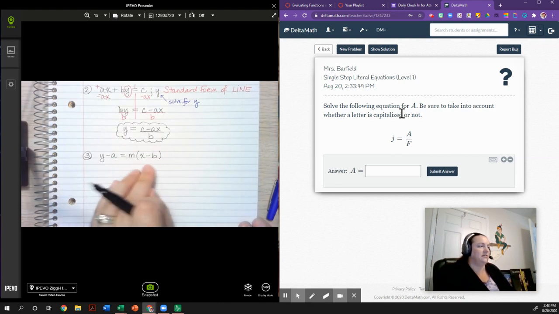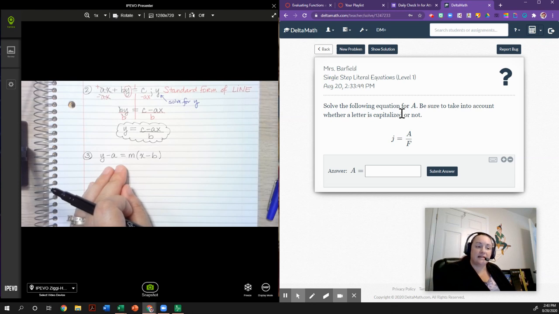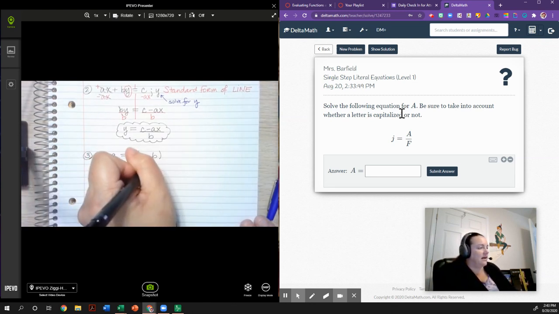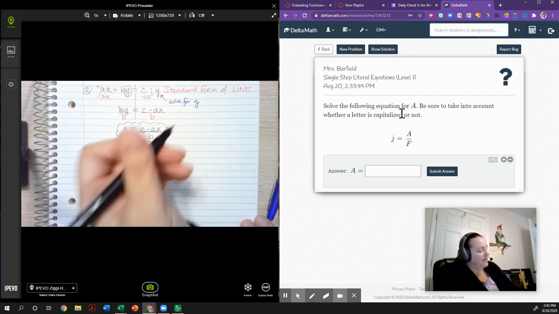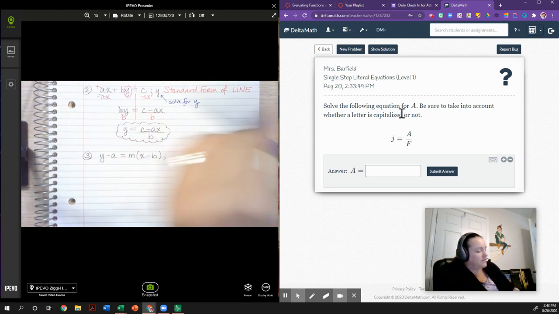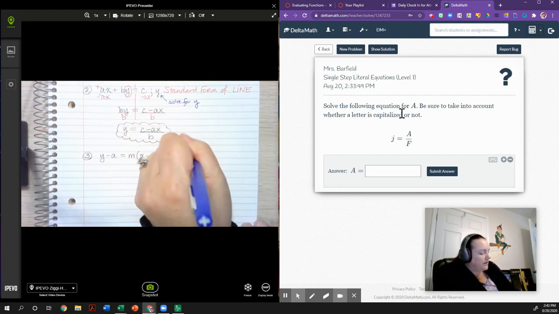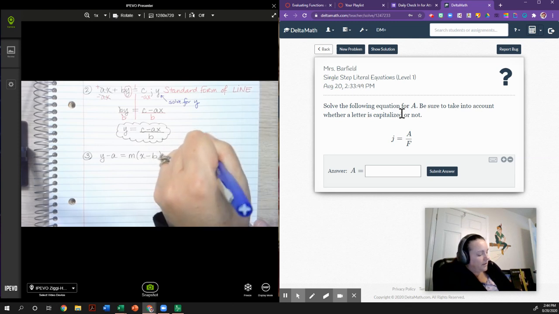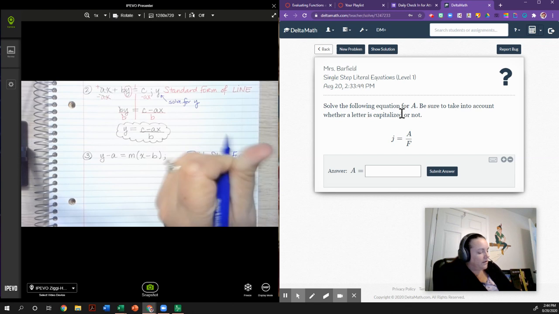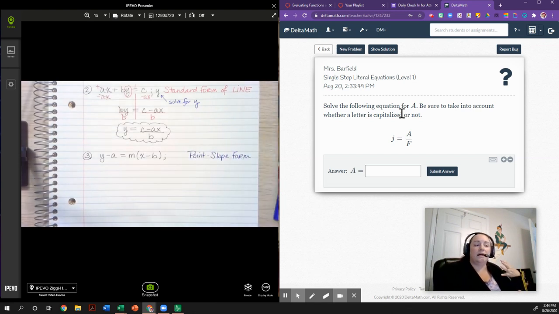You'll see this in a slightly different style later on in this class, where I have y1s and x1s. But this formula is what we call point slope form.